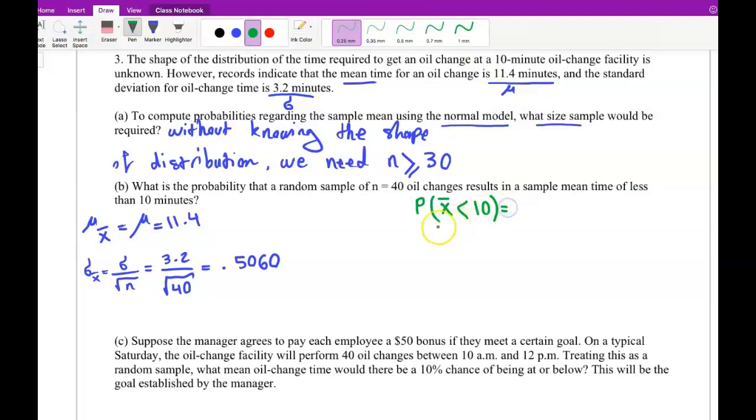Okay, so again, to find the answer for this part, we need to find z. So z was x bar minus mean divided by standard deviation.